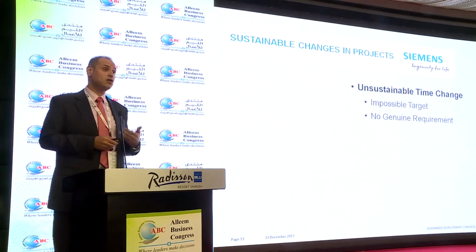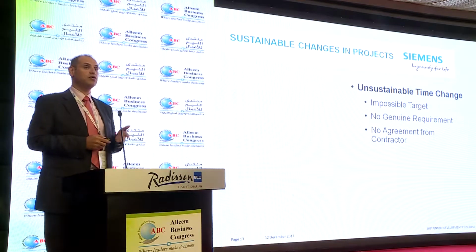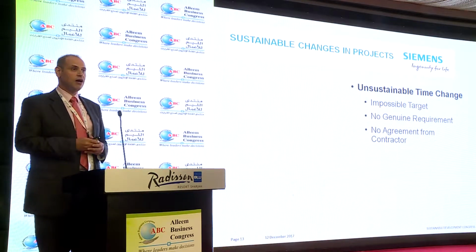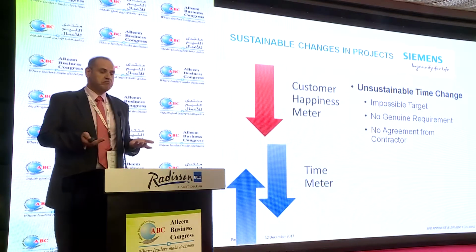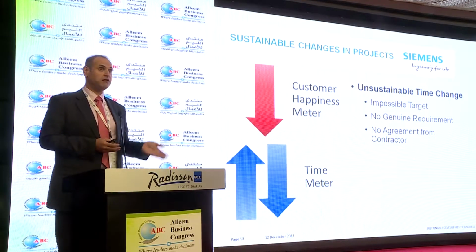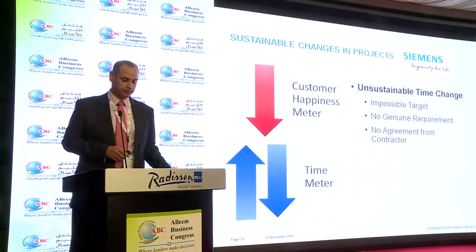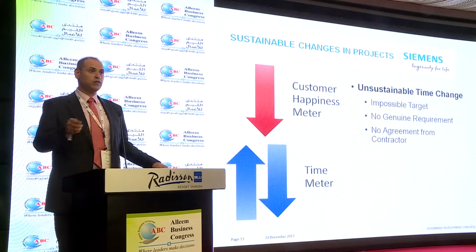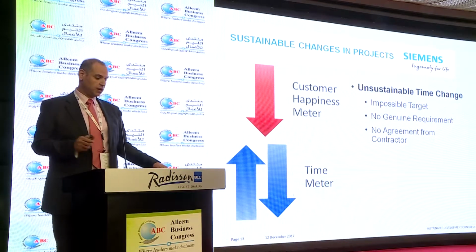And the need has not been explained or agreed. Therefore, if you don't have contractor agreement, I think you might forget it. And there we say the customer happiness meter will go down. The time meter might seem to go down, but in the end, probably will go up, and therefore it's unsustainable. So there are a lot of economic forces you have to think about when you are requesting changes in projects.